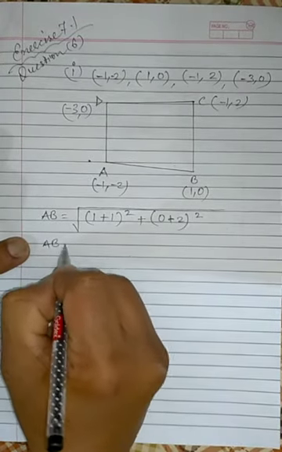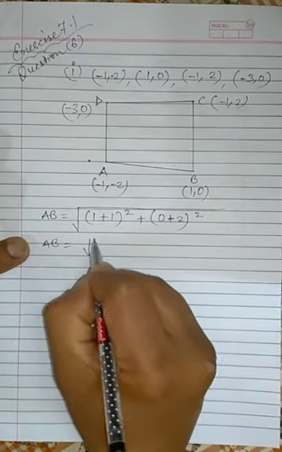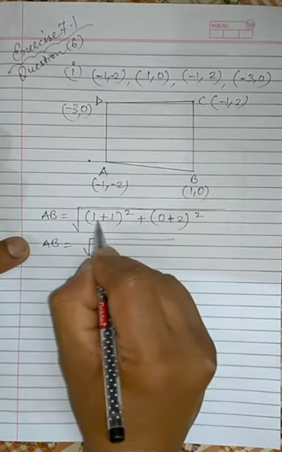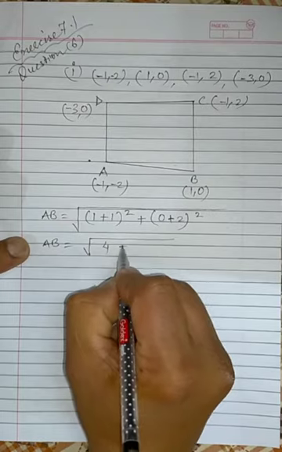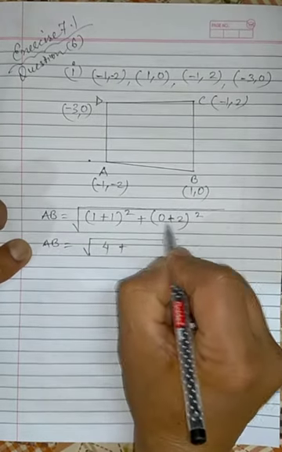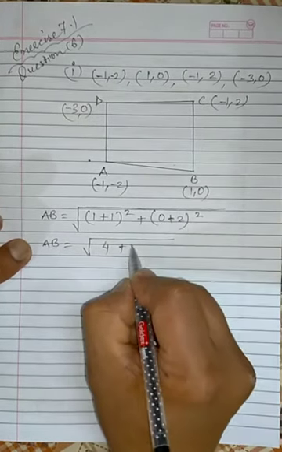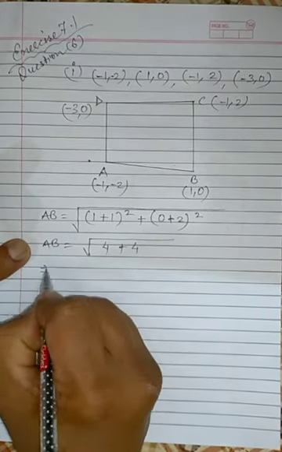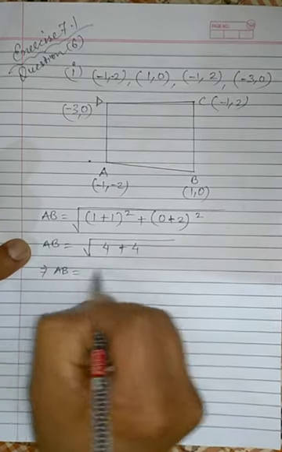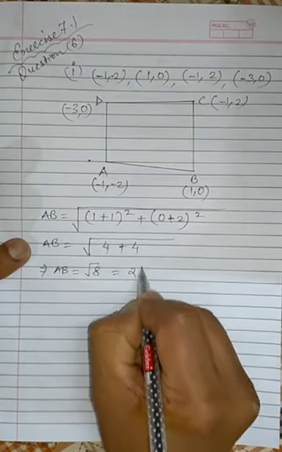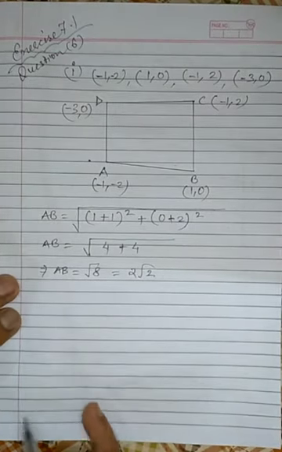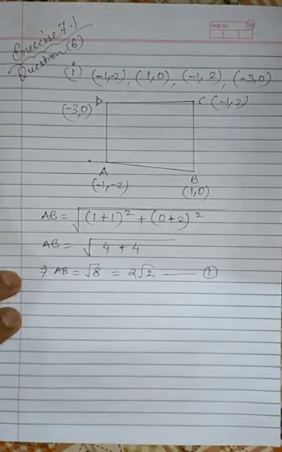So AB is equal to under root 2 square, which is 4, plus 2 square, which is 4. So AB is equal to under root 8, which is equal to 2 under root 2. Let this be equation number 1.